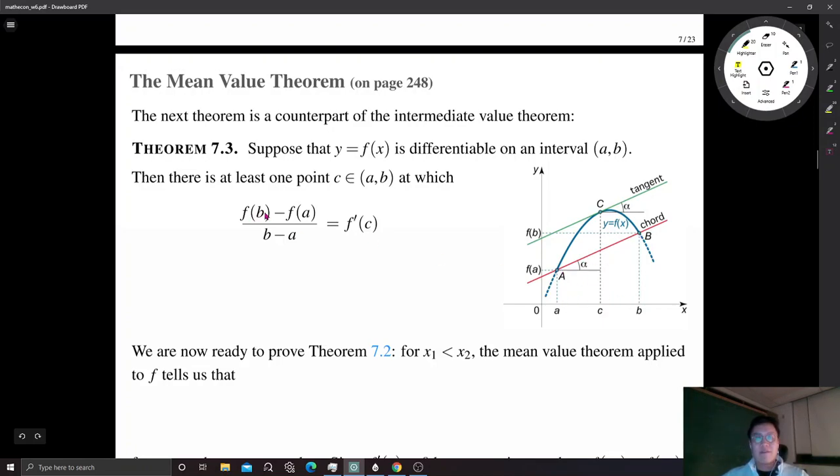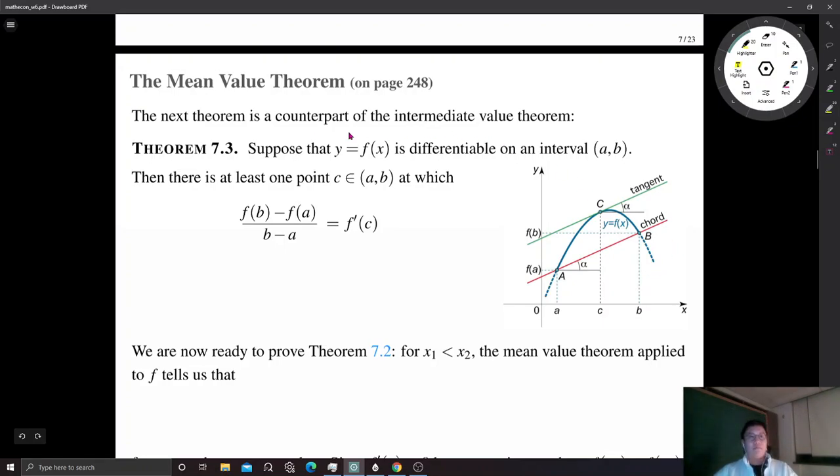The function changes from f of a to f of b, while x moves from a to b. So the change in x is b minus a, and the change in y is f of b minus f of a. That is the rate of change over the interval between a and b.